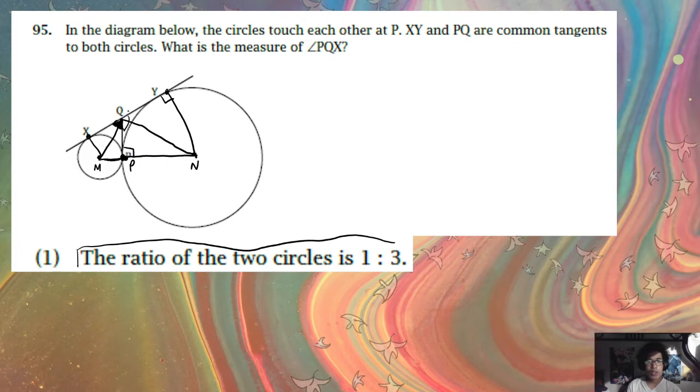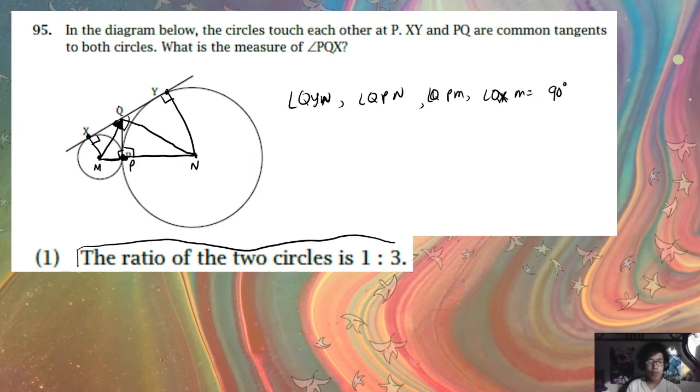So we can say that angle QYN is a right angle, angle QPN is a right angle, angle QPM is also a right angle, and angle QXM as well. They all measure 90 degrees.